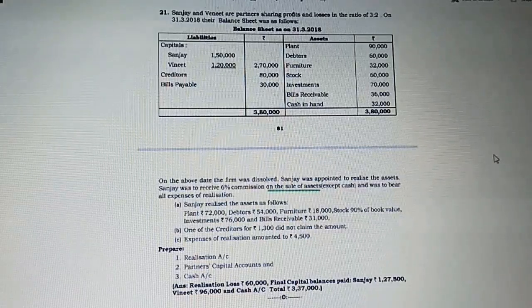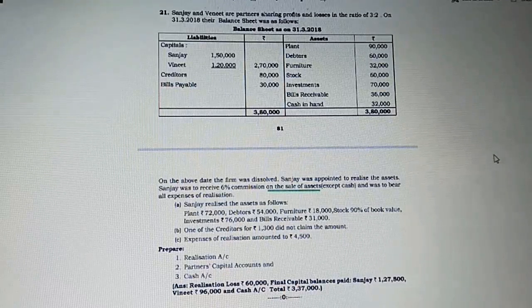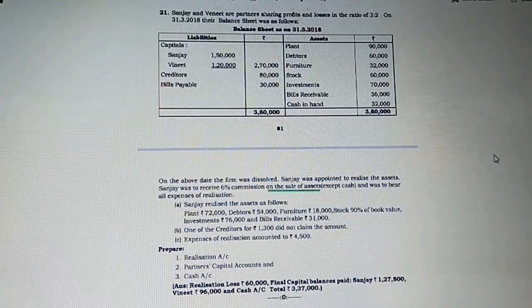So let us not consider cash at all, and he was to bear all the expenses of realization. So now Sanjay is taking the responsibility of realizing the assets. On this he is getting 6% commission, which means the complete realization expenses are included in the commission that we are going to pay him. This should be kept in mind. So let us go for the preparation of the accounts that is required.